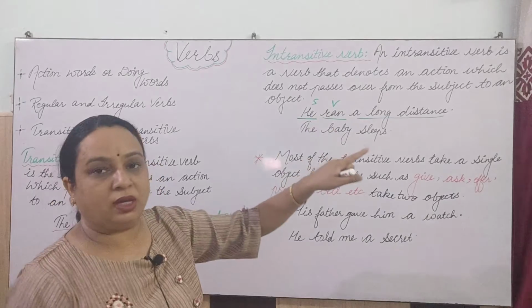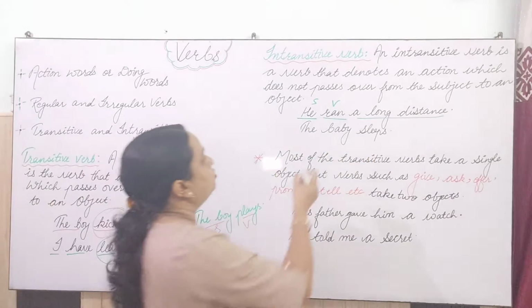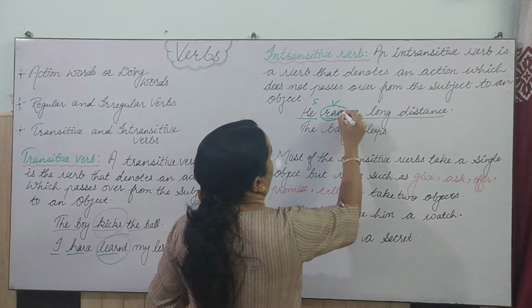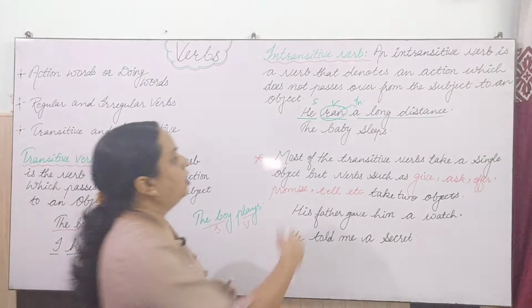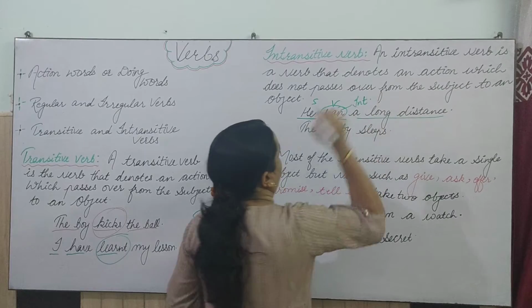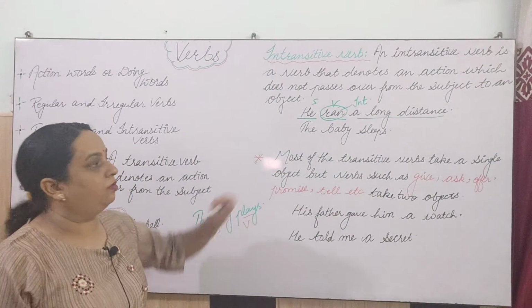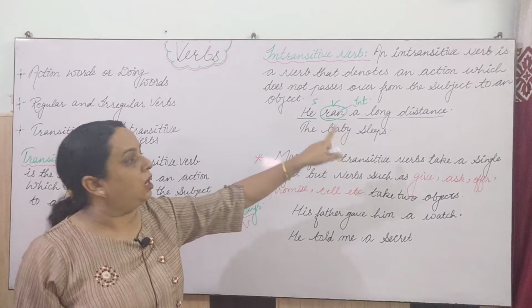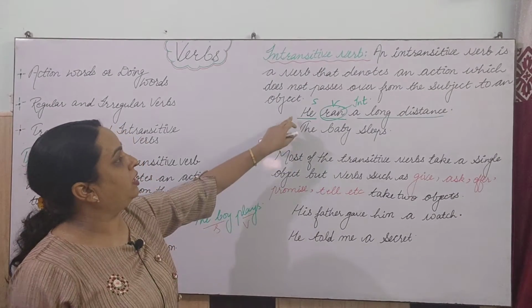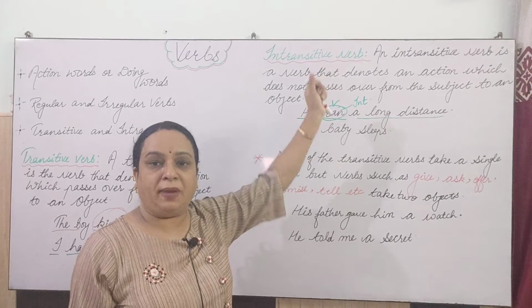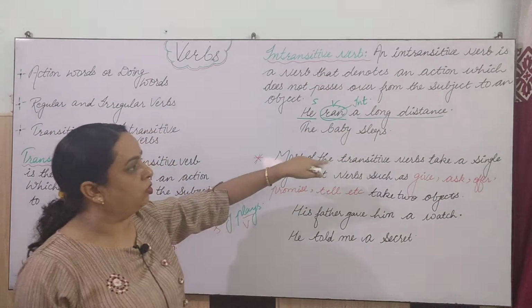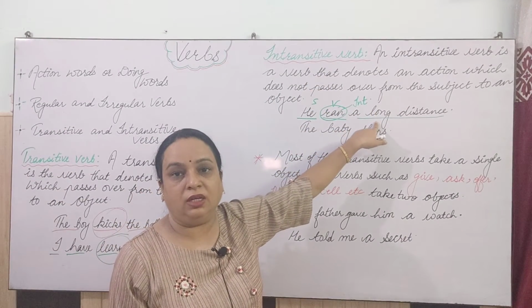So this verb ran is an intransitive verb. The baby sleeps. Let's see this in another way: are you able to change the passive voice of this sentence? No, because it does not have an object.